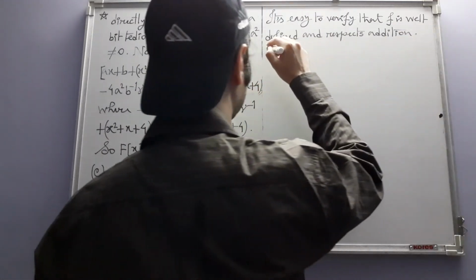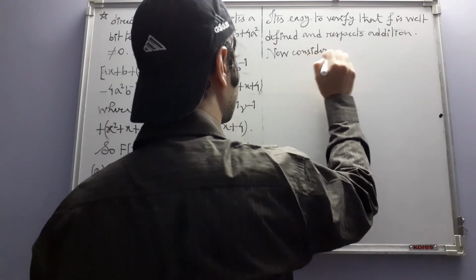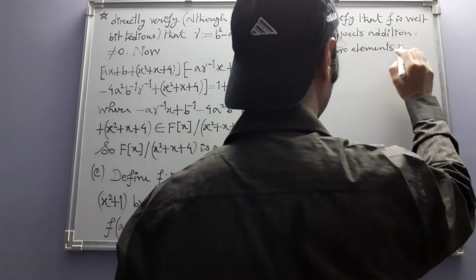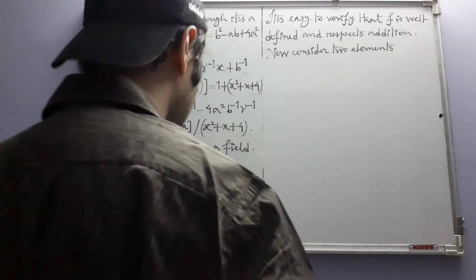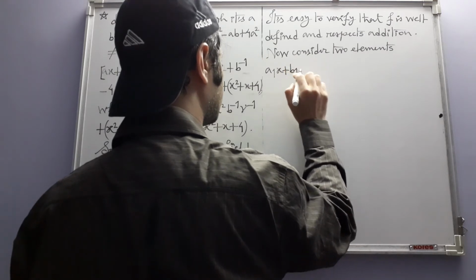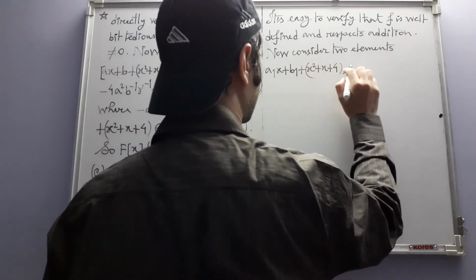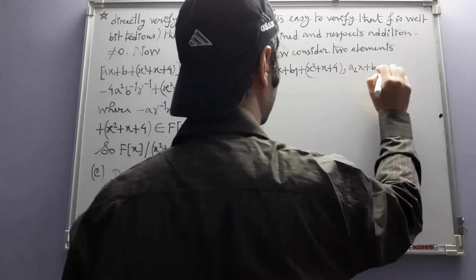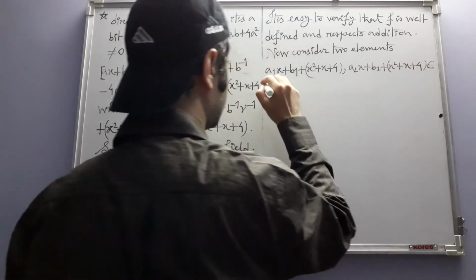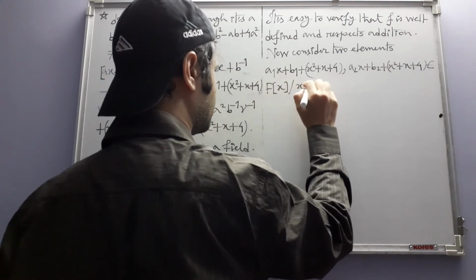Now consider two elements, a1x plus b1 plus this, and a2x plus b2 plus this, belonging to our domain field.